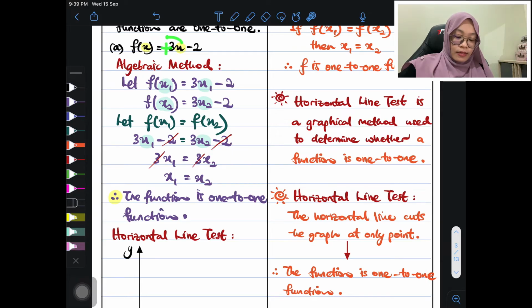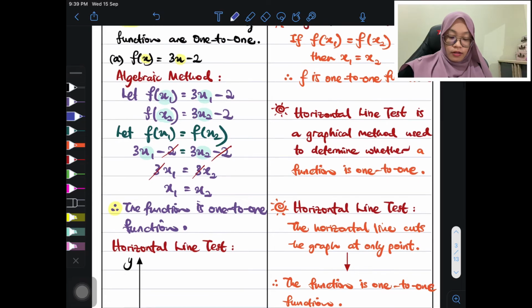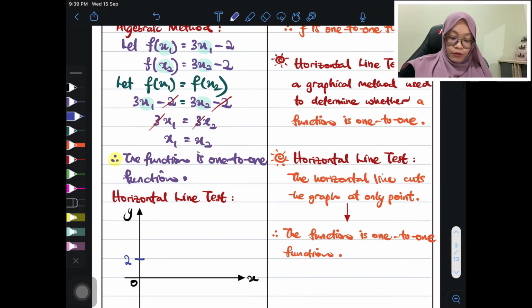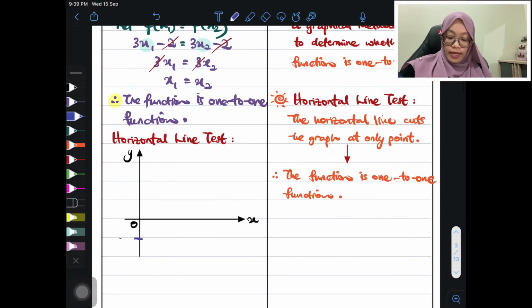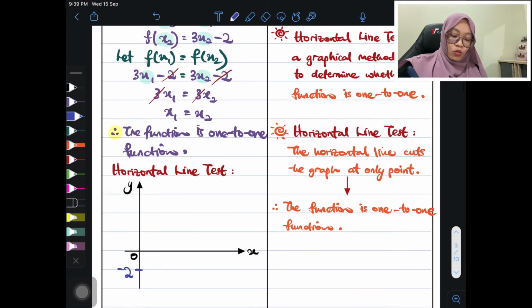I know it is a linear graph because it is a positive 3x. Here I have negative 2. Miss, how do you know this? Negative 2 is the y-intercept. Let me just label here. This is what you call the y-intercept, negative 2. And then I know it's going to the first quadrant.